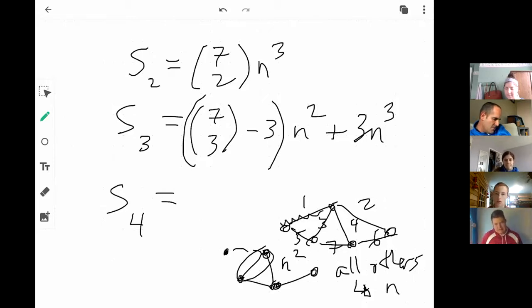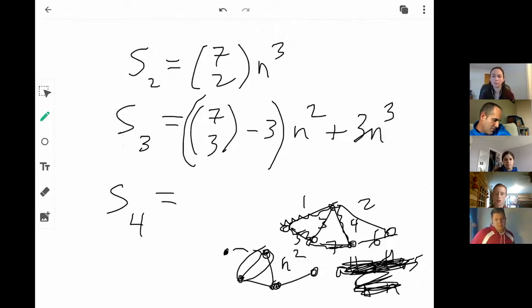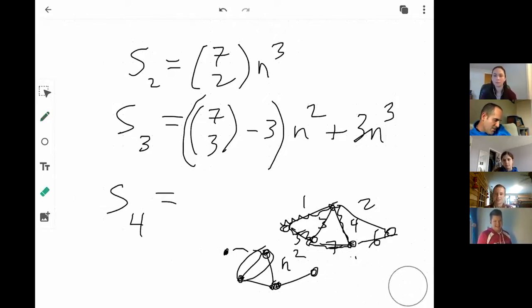Oh, nice. Or I think if you have 1, 3, 5, and 6. Oh, that isolated thing, that will be n squared also. Okay. Or maybe I should erase this. Okay, so that's n squared.